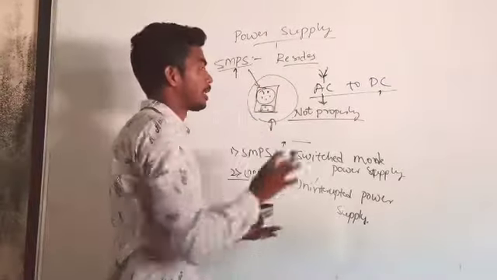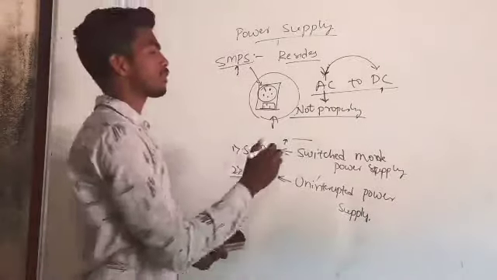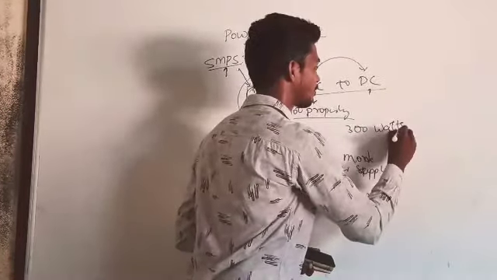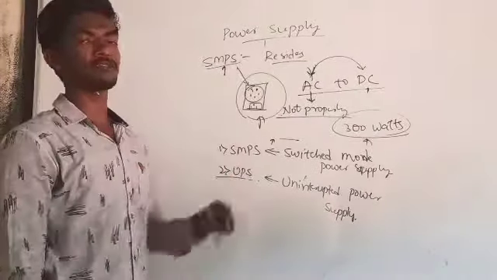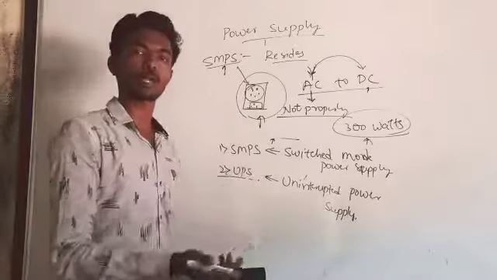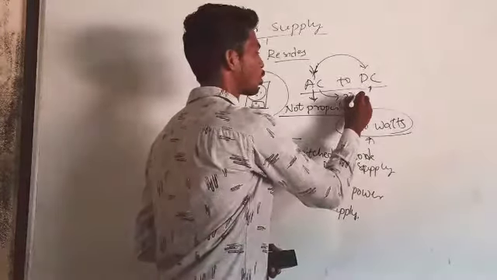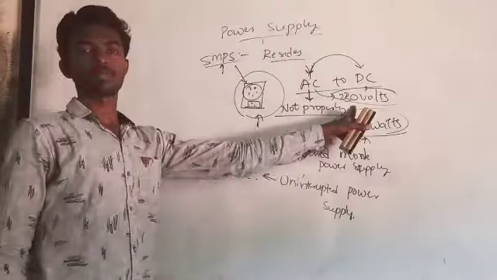This converts the AC current into the DC current, and it needs around 300 watts. At least a minimum of 300 watts is needed for the computer system to run. AC normally provides 230 volts, not watts, it's volts, as in our homes.